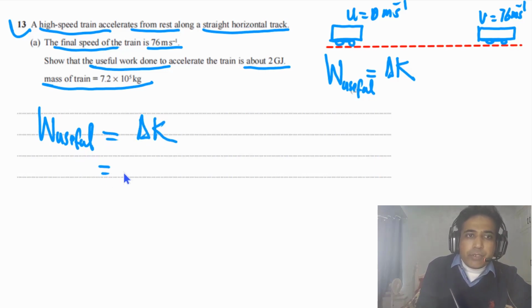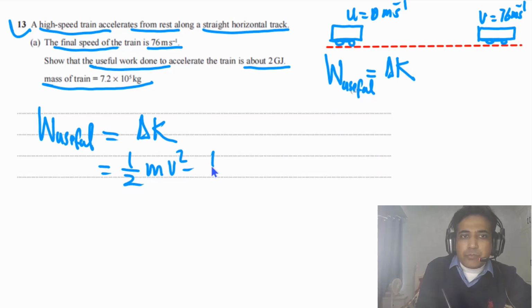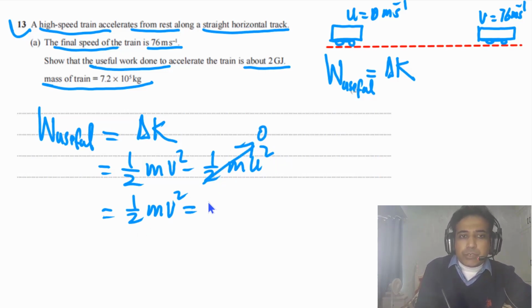Change in kinetic energy of the train is equal to 1/2 mv square minus 1/2 mu square. So we have 1/2 mv square because u is equal to 0, so this is also equal to 0.